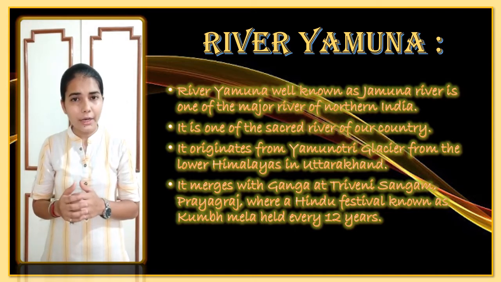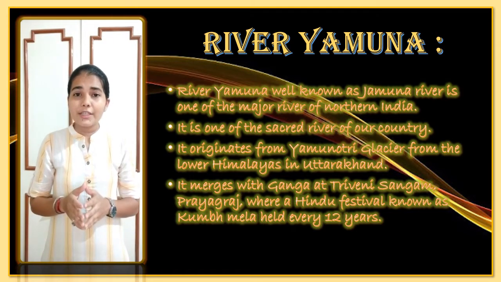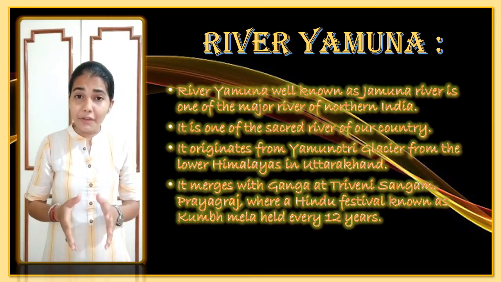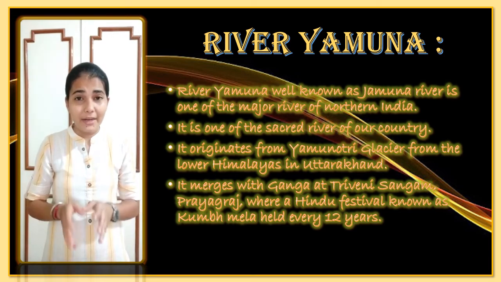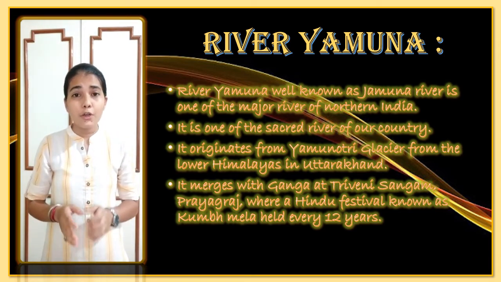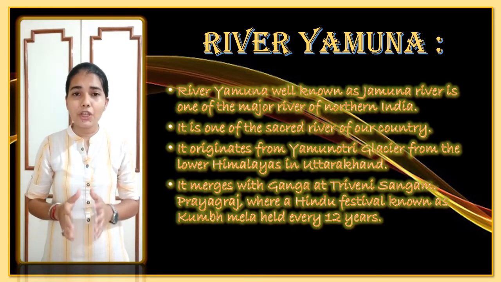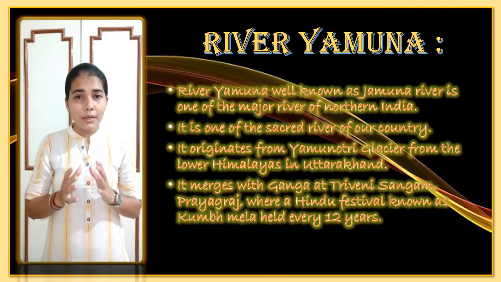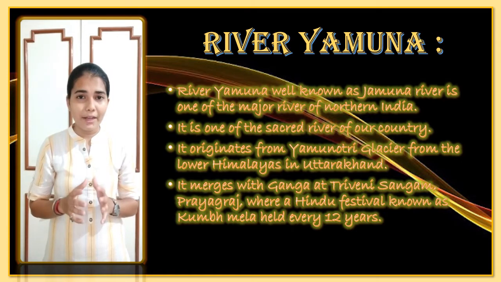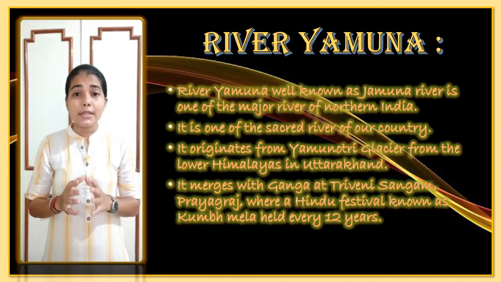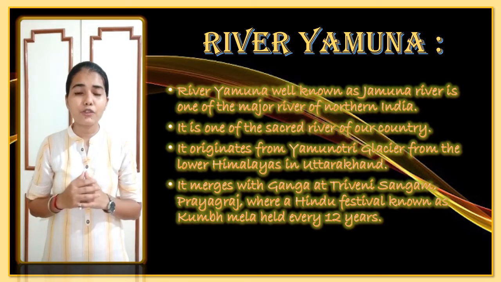It merges with Ganga at Triveni Sangam, Prayagraj, which is well known for Kumbh Mela, a Hindu festival held every 12 years. Yamuna is the major source of water to big cities like Delhi. There are many cities which are dependent on Yamuna for water. So you can imagine that Yamuna is the major river which provides the source of water for many big and small cities like Delhi.